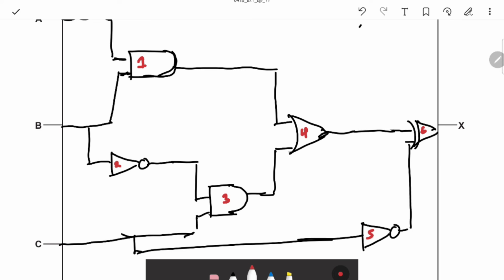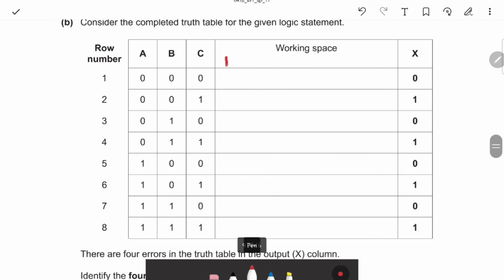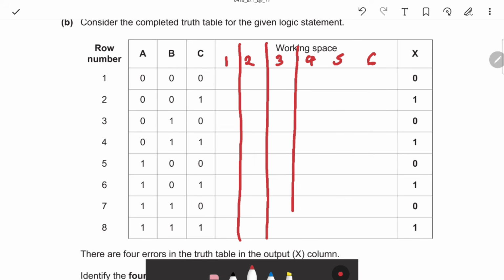Just label it 1 to 6. I've labeled it. Now I go to my working space and I write those logic gates 1, 2, 3, 4, 5, and 6, and then I draw just lines like this. Done.